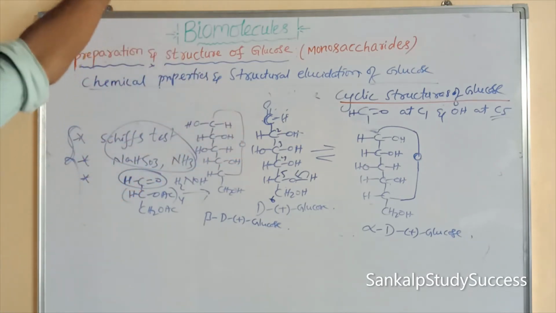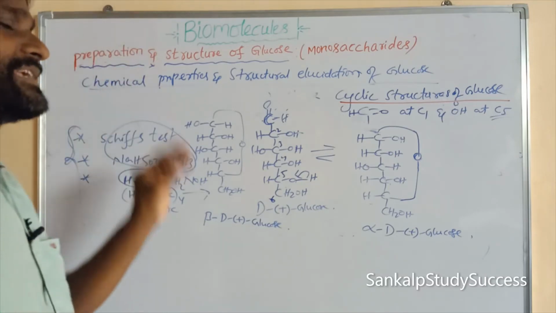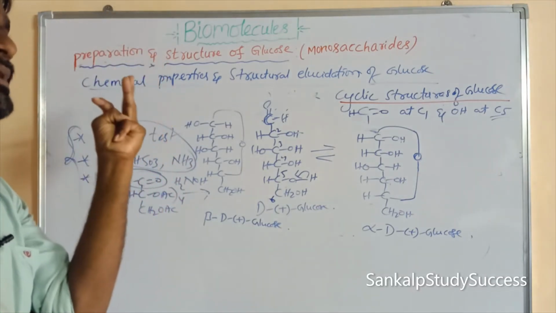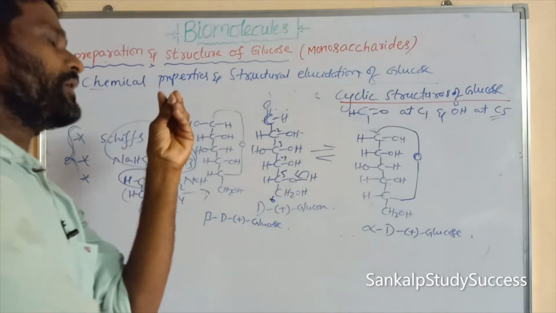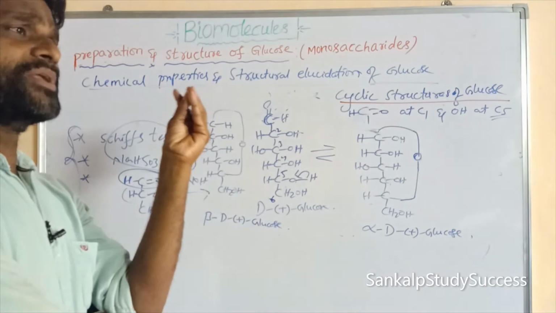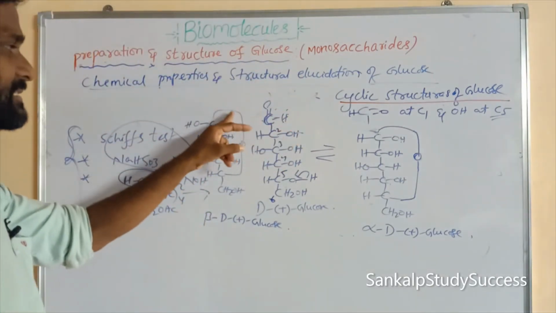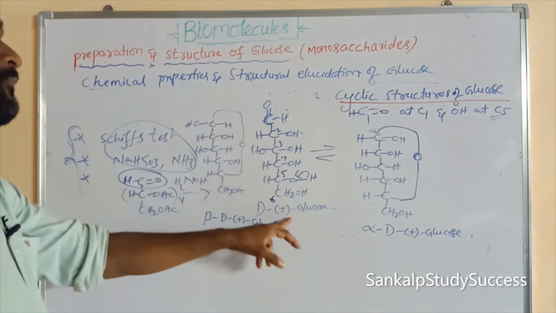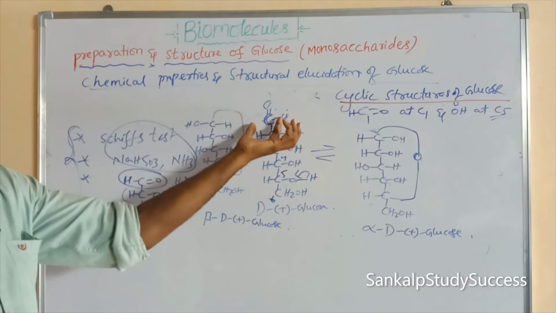In the previous case, we could take many reagents like acetic anhydride, bromine water, HNO3, all of which are strong reagents. Strong reagents can first break this cyclic structure to form the open chain structure, so they can react with the aldehyde group.